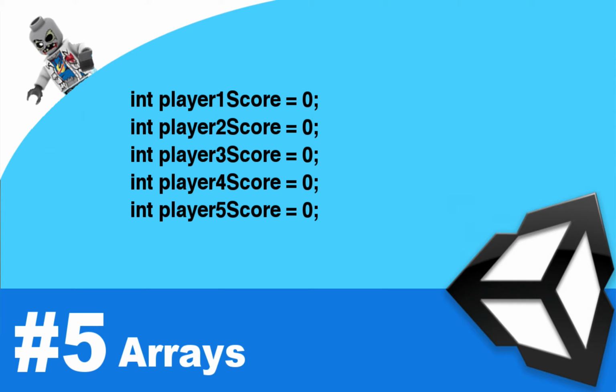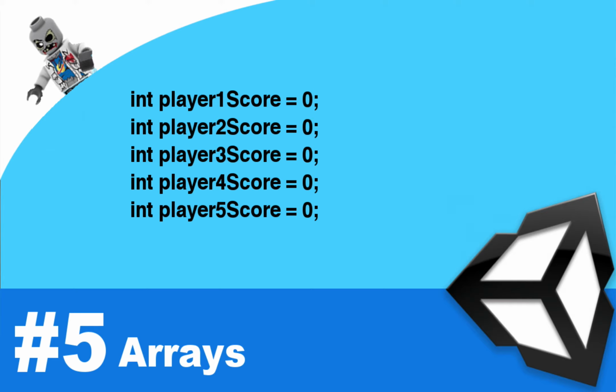You may have player 5 score, and you have now limited it to 2 players, but you're not too sure if you're referencing it elsewhere in the project or even if it has any significance anymore. So you may be hesitant to delete that. Well, there is a better way of storing this information, and you can store it in an array.